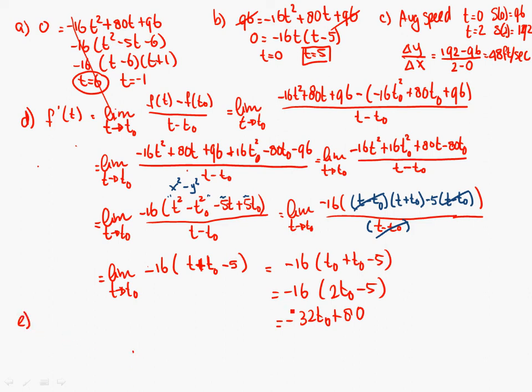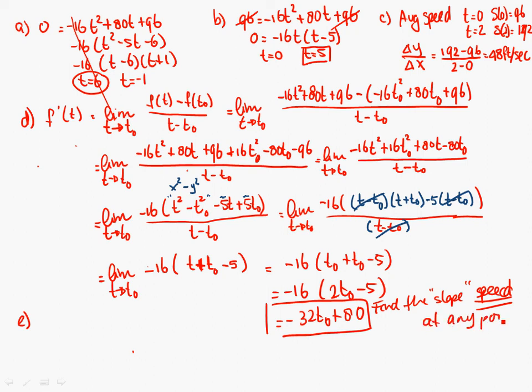So if you're wondering why would I go through all this, well, this will find the slope, or in this case instantaneous rate of change, which is actually the speed of the ball at any point between 0 and 6, because the function only goes from 0 to 6.